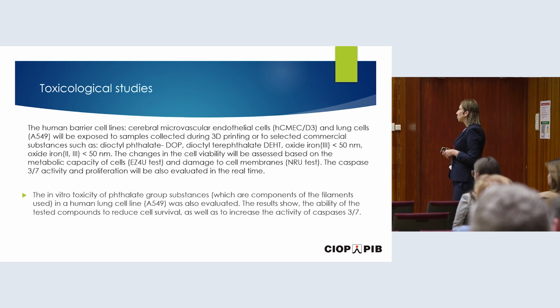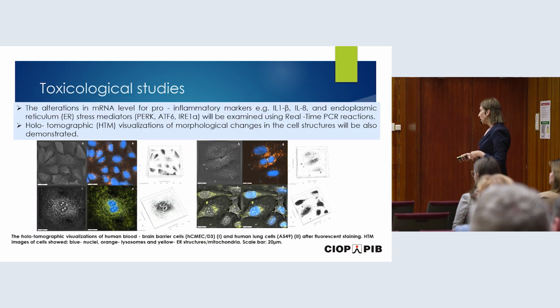So we are trying to see their toxicity, and the in vitro toxicity of the phthalate group in human cell lines was also evaluated. Of course, the alteration in mRNA level for pro-inflammatory markers and endoplasmic reticulum stress mediators will be examined using real-time PCR reactions in further studies.